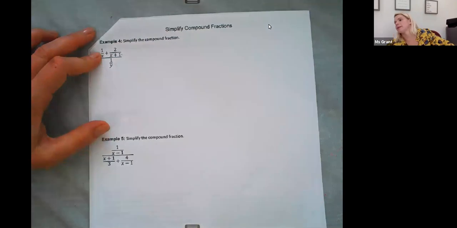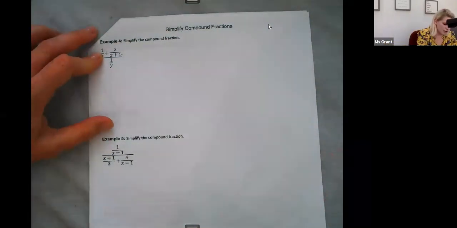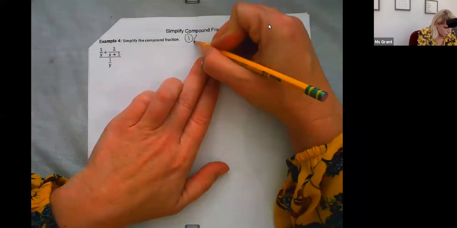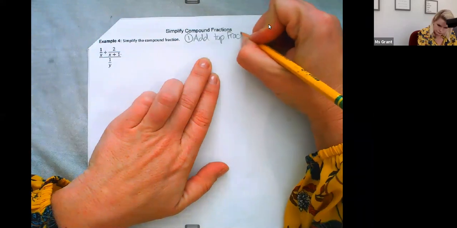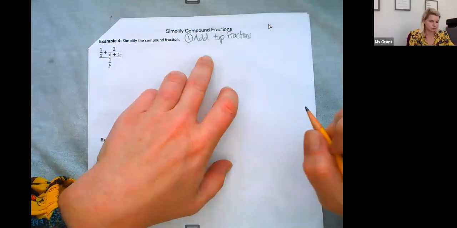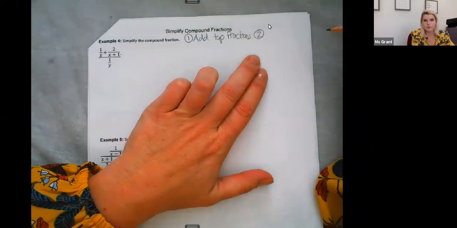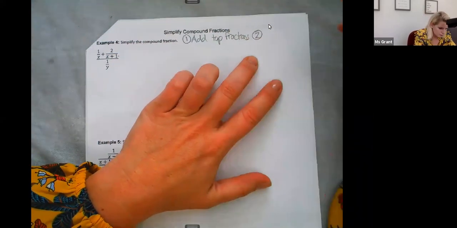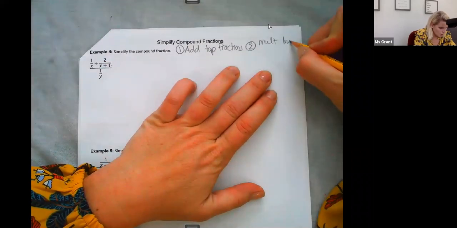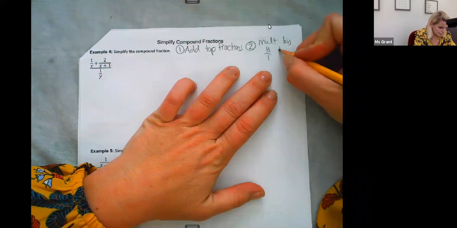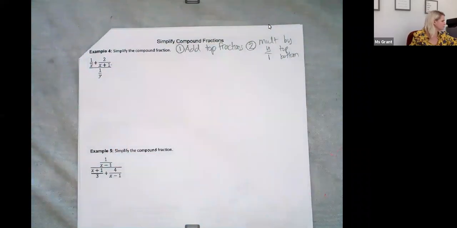So step one that I'm going to do is add the top fractions. Step two is I'm going to then multiply by y over 1 to top and bottom, because I really don't want a fraction in the denominator, ever.